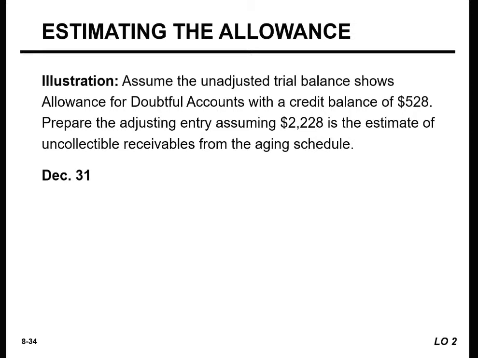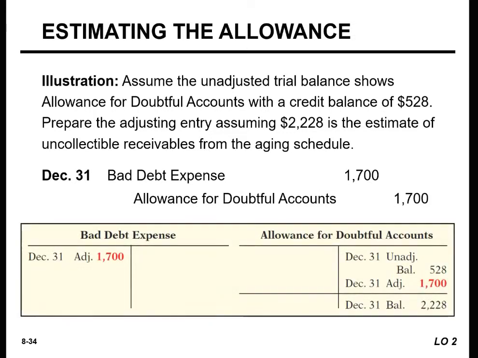So if what we need the allowance for doubtful accounts to be is $2,228, but there's already $528 there, then we need to add $1,700 to that. We do that by having a $1,700 bad debt expense and $1,700 to our allowance for doubtful accounts.